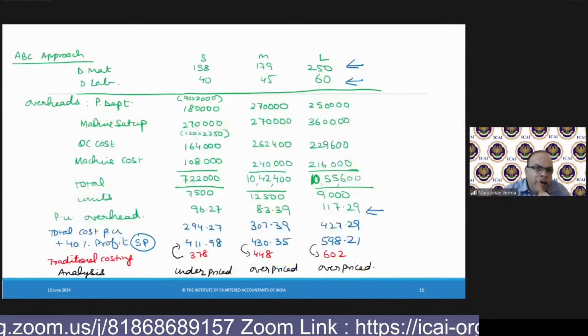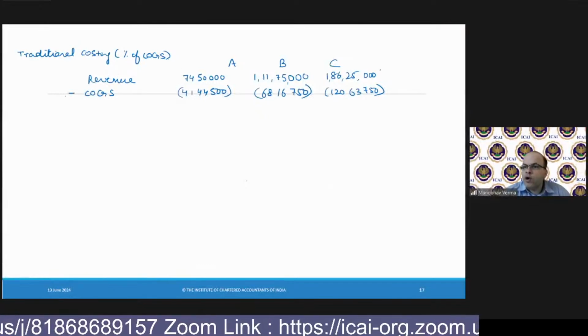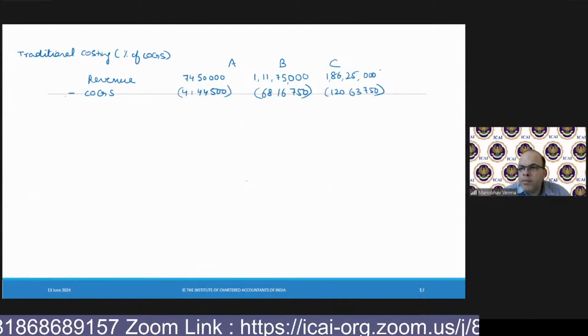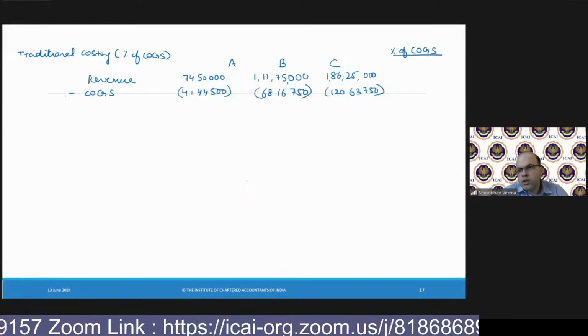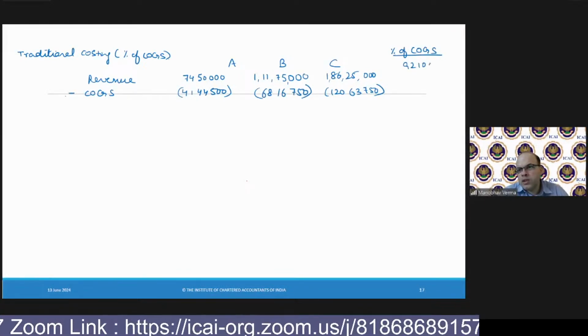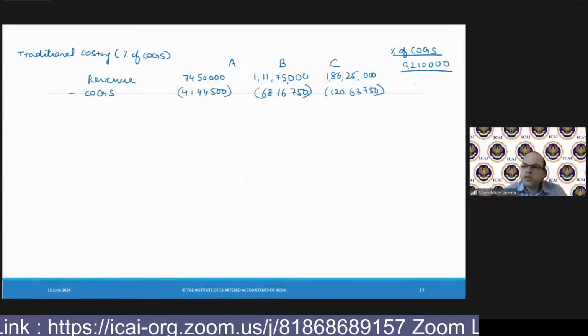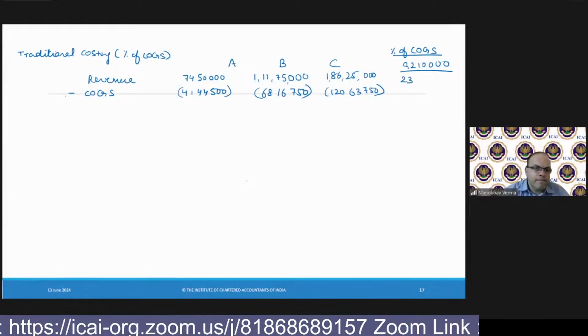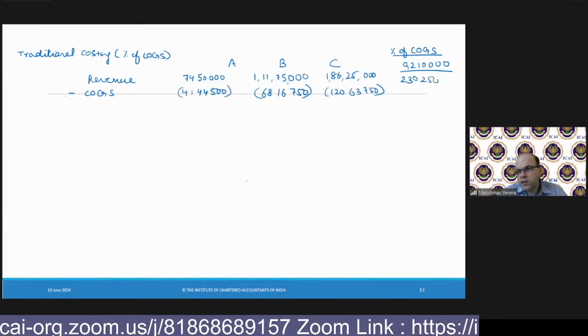So that means if I were to allocate these costs as a percentage of COGS, what will be my percentage for the support cost? I think 92 lakhs 10,000 for the total cost, and 2 crores 30 lakhs 25,000.